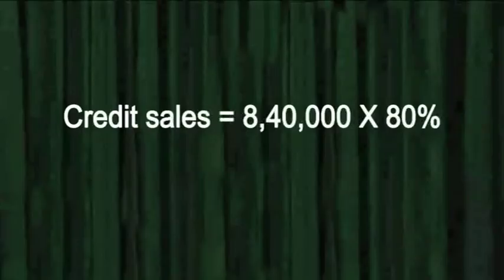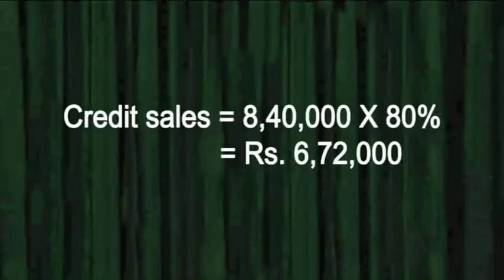Now we have to find out the credit sales. It will be 80% of 8,40,000 because the 80% rate is given in the question. So it is coming as 6,72,000. Now we have both things, credit sales and the debtors collection period. It is 2 months and credit sales annually is 6,72,000.